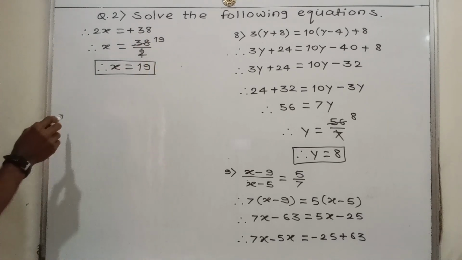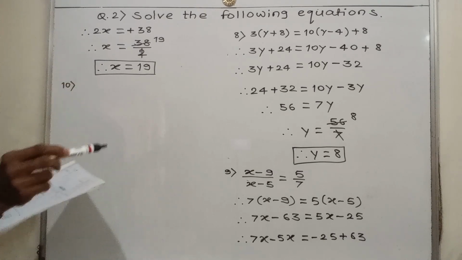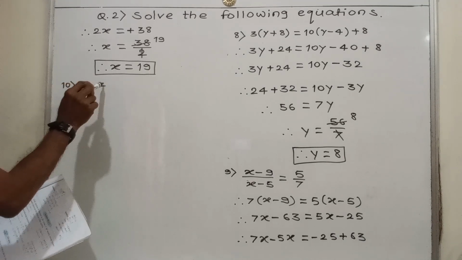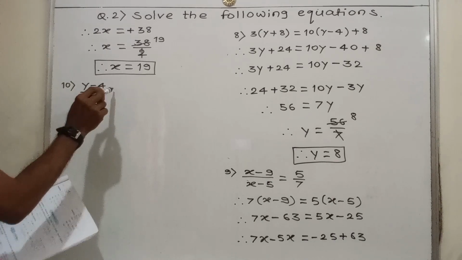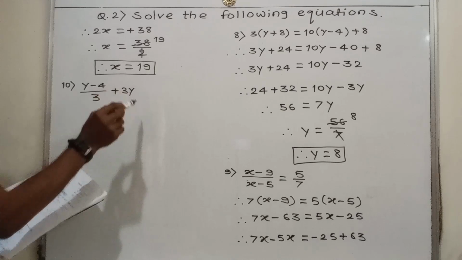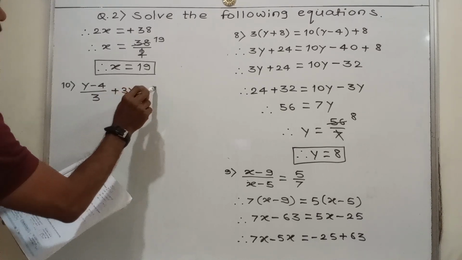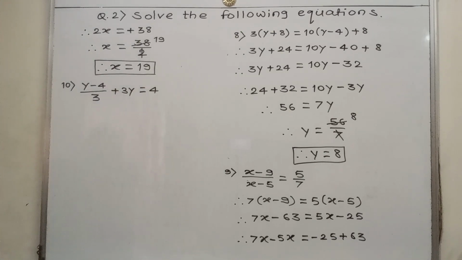Okay. Then example number 10. See the same example. y minus 4 upon 3 plus 3y is equal to 4. Okay.